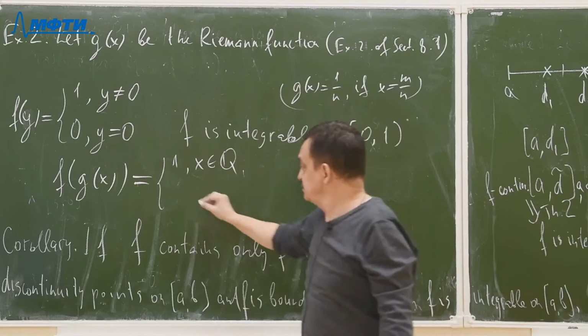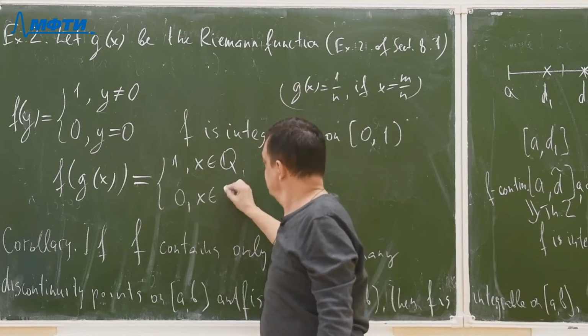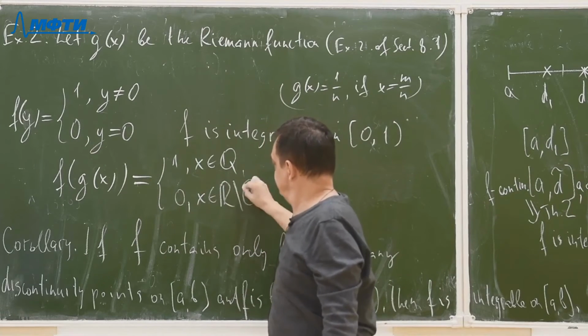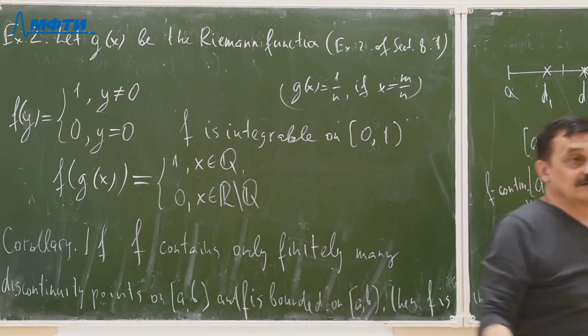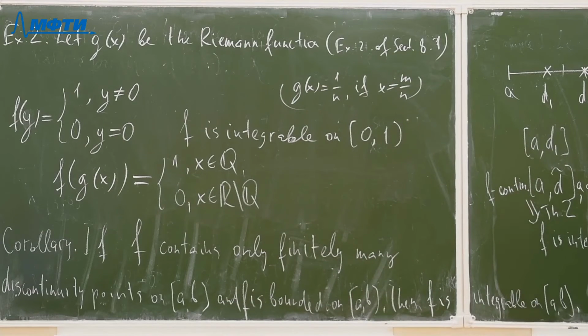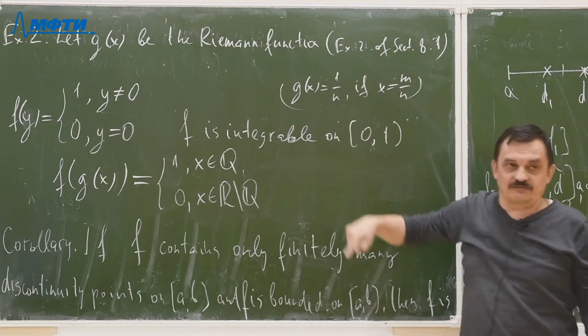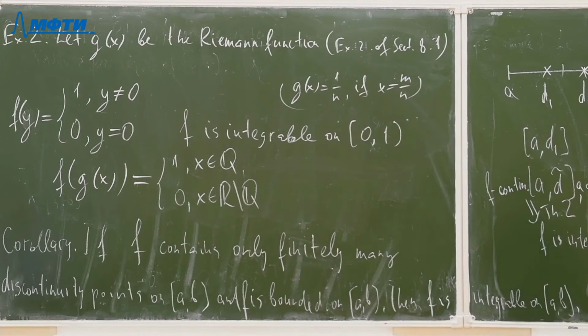So it is 0 if x is not irrational. And that is precisely the Dirichlet function, which is not integrable. So you see, composition of two integrable functions gives us a non-integrable function.